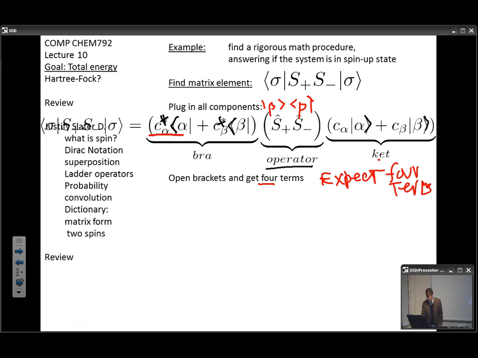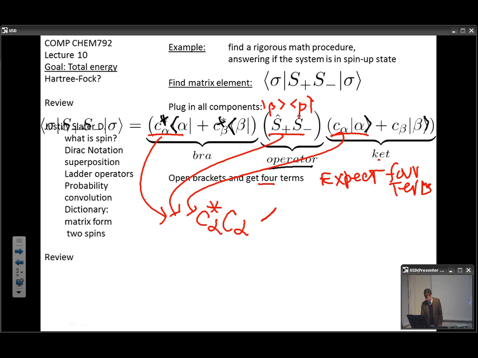So I take this times this times this and put it as the first term. Alpha star, alpha, alpha, beta, alpha. Am I correct? Please catch me if I'm doing something wrong. I believe that is correct, but who knows?